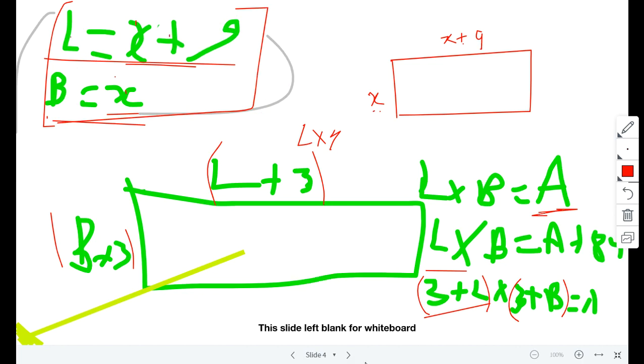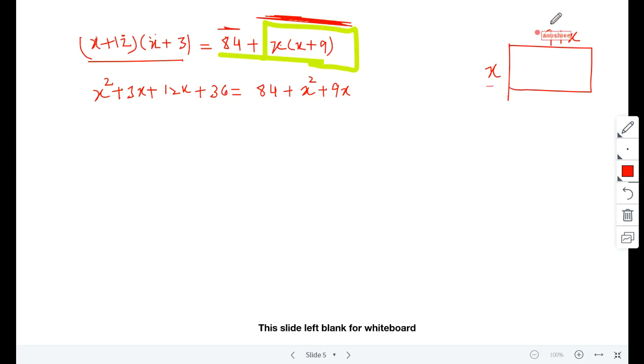So the area of this rectangle is length multiplied by breadth. That means x multiplied by 9 plus x. That's the area of this rectangle. Clear? Oh yeah, okay, now I understand. Yes. Now we have to solve this equation. Is it clear now?